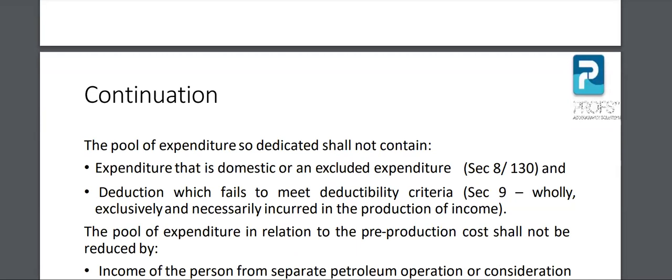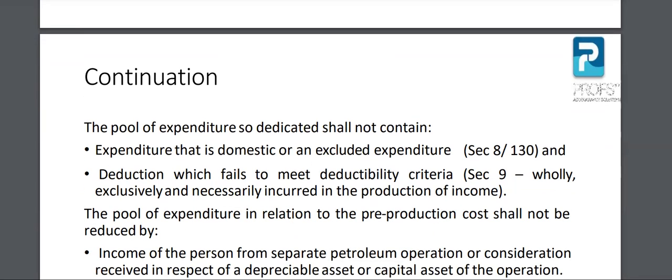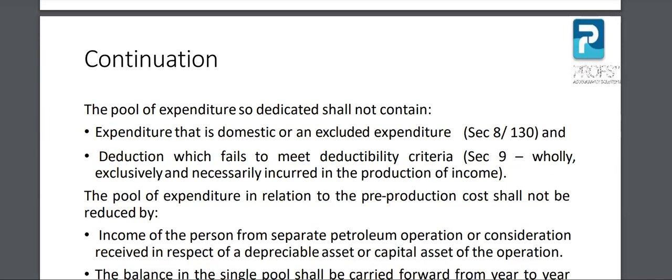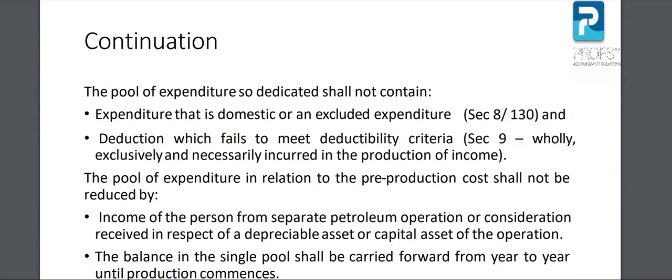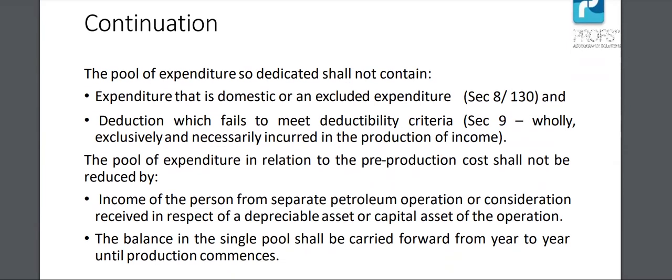But we need to take note that as tax people, when computing the capital allowance of an oil and gas or mining entity, the expenditure that goes in at the pre-production phase must not be a domestic or an excluded expenditure. You can take a look at section 8 and 130 of the Act for what a domestic or an excluded expenditure is.